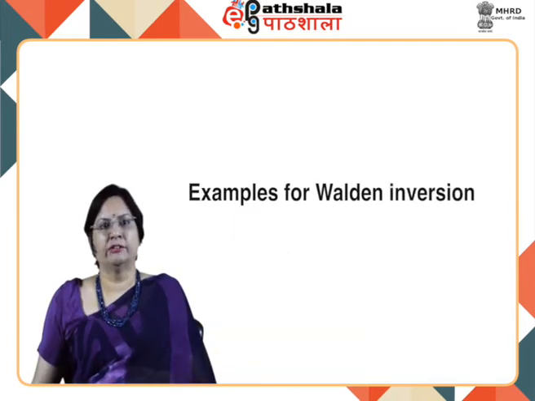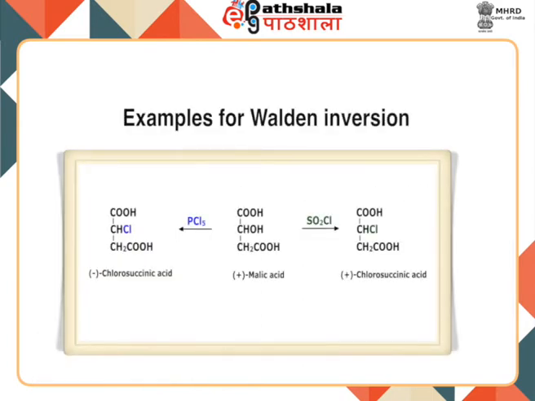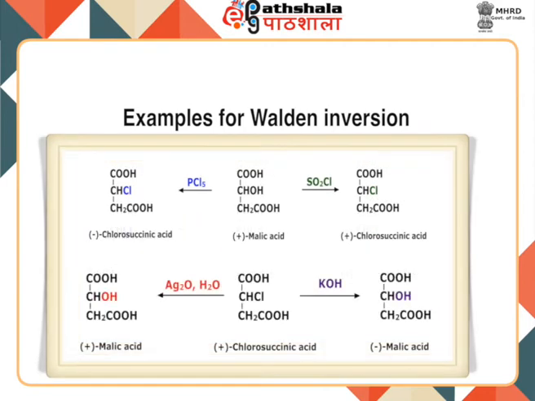Examples of Walden inversion can be like chlorination of (+) malic acid results in (+) and (-) chlorosuccinic acid, while similarly hydrolysis of (+) chlorosuccinic acid results in (+) and (-) malic acid. In these reactions, one must be an inversion while the other must be retention of configuration, but it is not possible to predict the exact point of inversion.